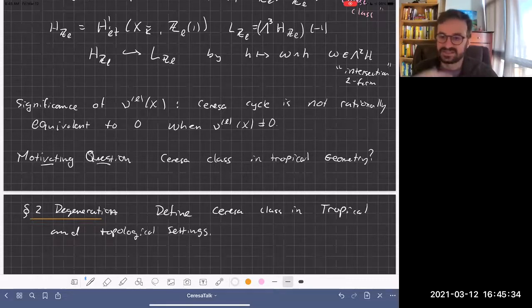All of these settings we're going to look at through the lens of stable degeneration.